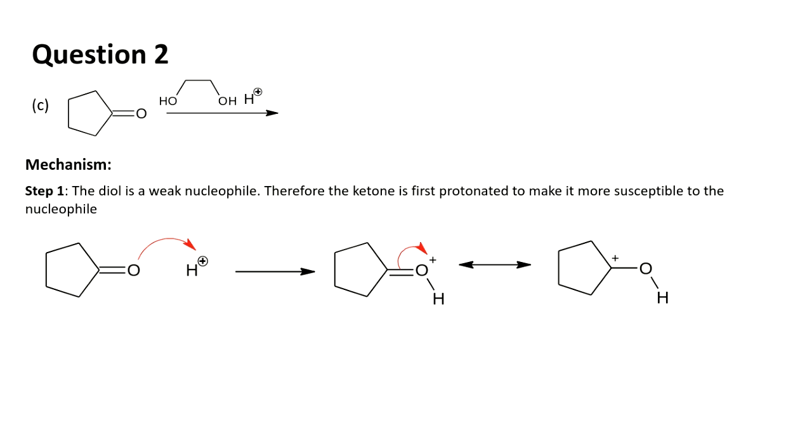So the first step is protonation of the oxygen, and that gives us a resonance structure where the positive charge now rests on the carbon. So we are making the carbon more positive and therefore more susceptible to a weaker nucleophile. The very first step is protonation. Once we have made the carbon positive, it can now undergo attack from the weak nucleophile, which in this case is the diol.